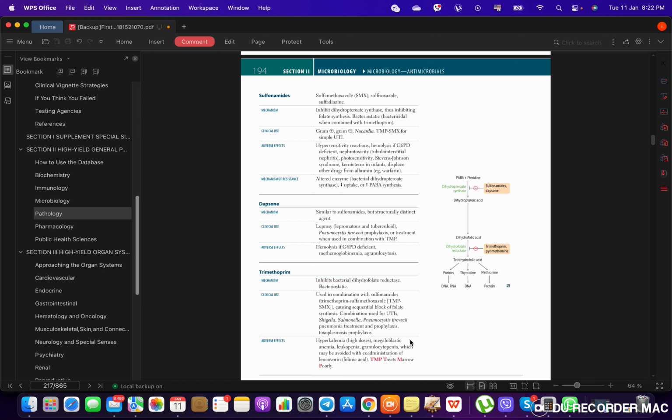So, if we have any alteration of the process of making an active B9, we will have less making of DNA. No DNA, no cells, no transcription, no translation, nothing. The cell dies. And that's exactly how this drug works. They work by inhibiting the B9 of the bacterial cells, okay?